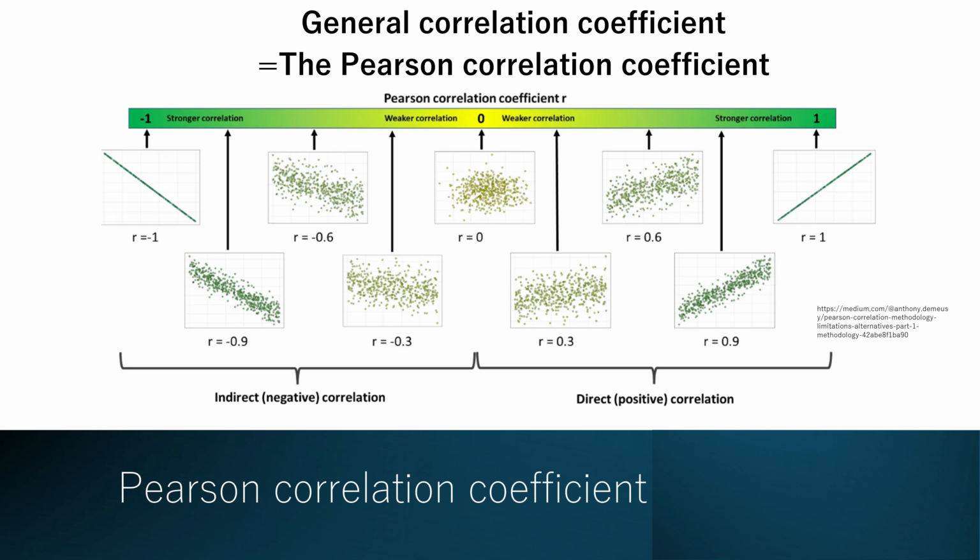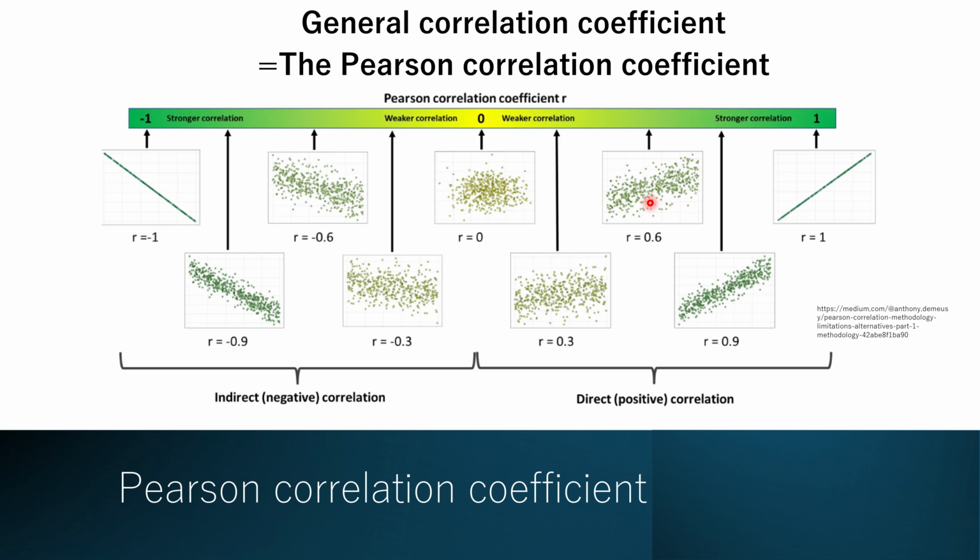This is the figure. This is the general correlation coefficient, Pearson's correlation coefficient. This is the graph. The r equal to minus 1 case is here. The r equal to plus 1 case is here. The r equal to 0.6 case is here.